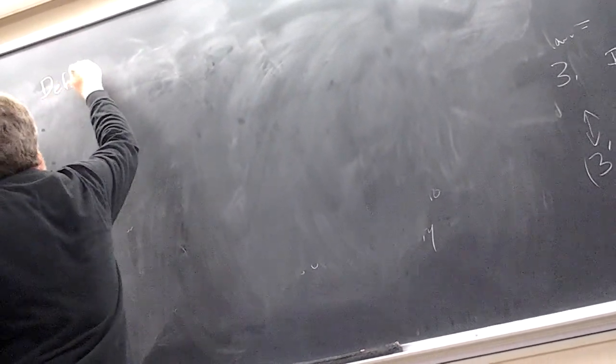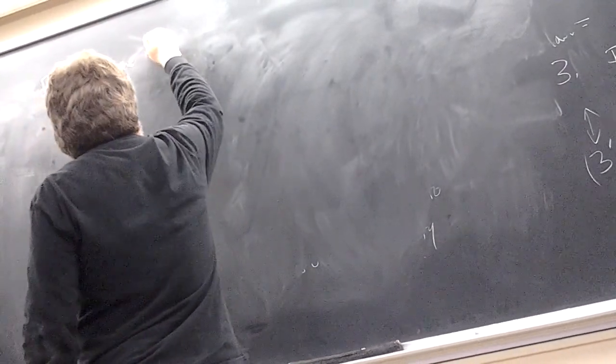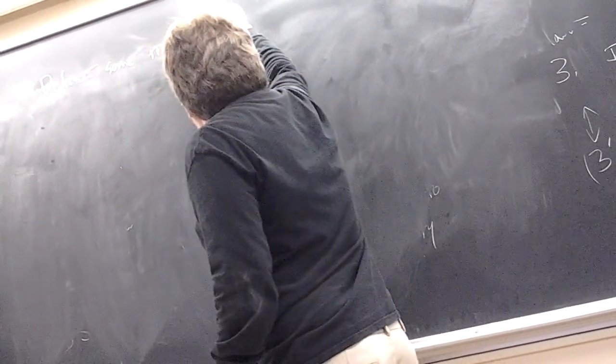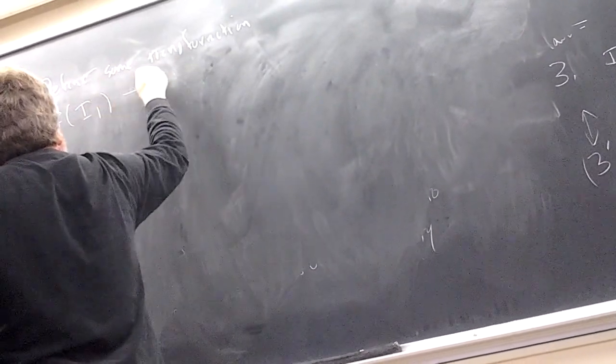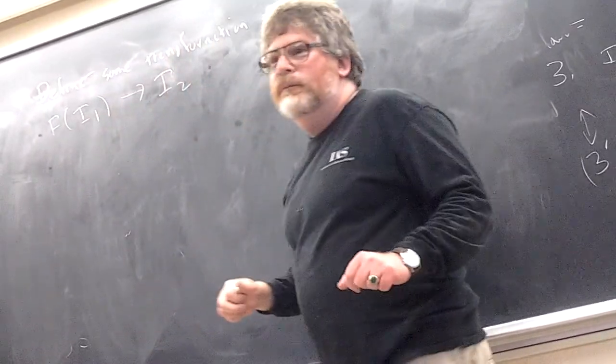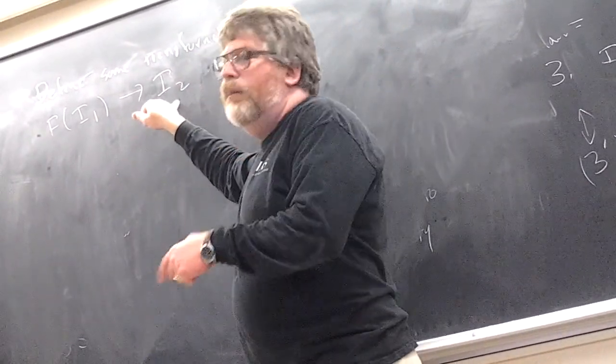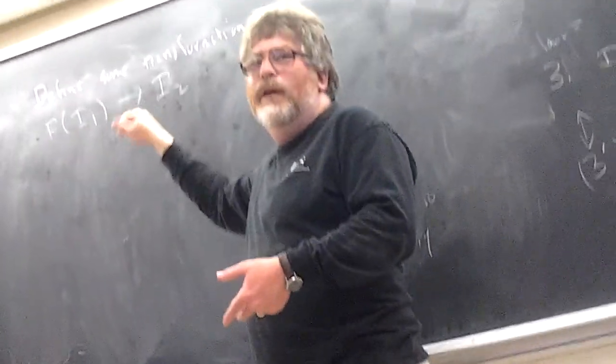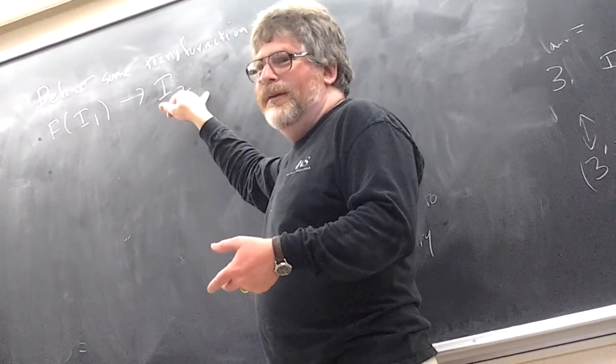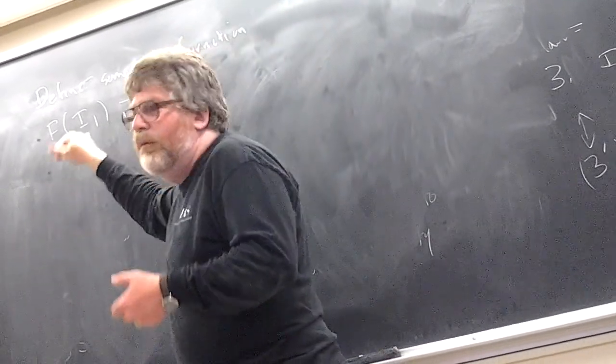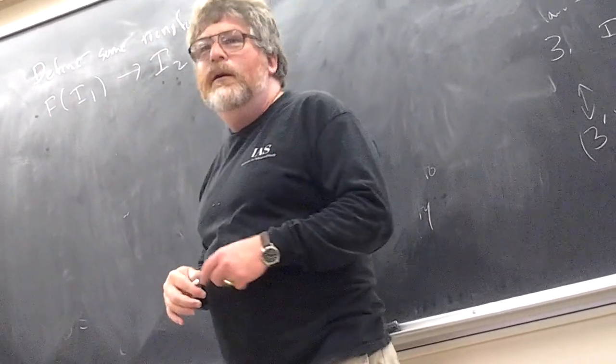We want to make this problem a special case of this problem, so I1 is equal to something of I2. So we define some transformation, I'm going to call F, that takes I1 and produces I2. And this F needn't produce an arbitrary instance I2. It just has to produce some instances I2. So it needn't be invertible at this stage.